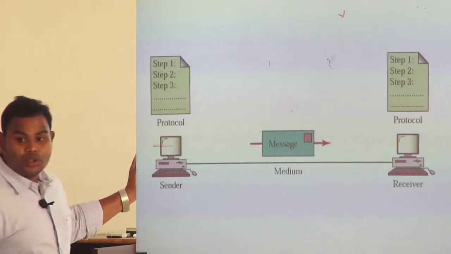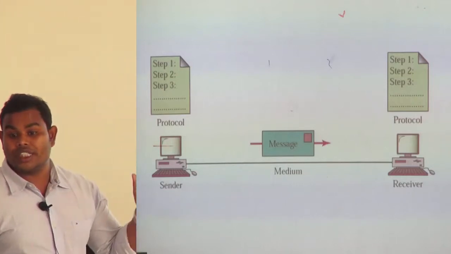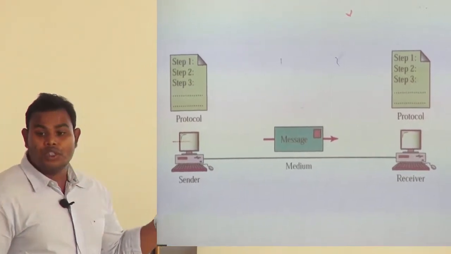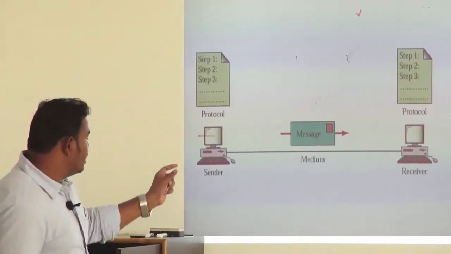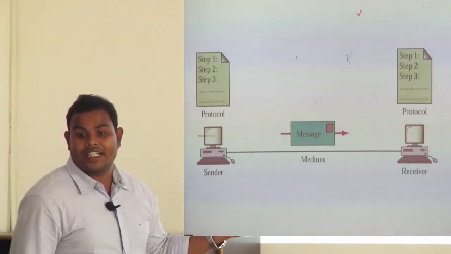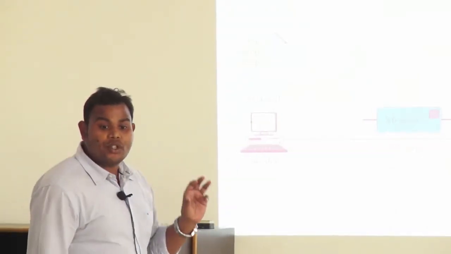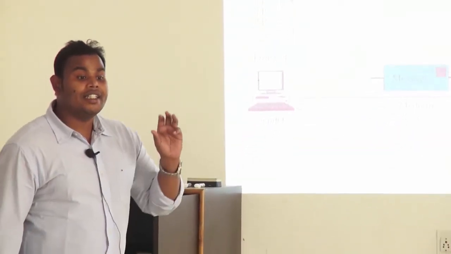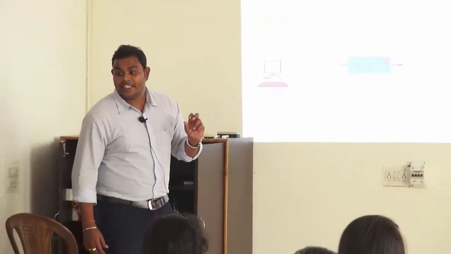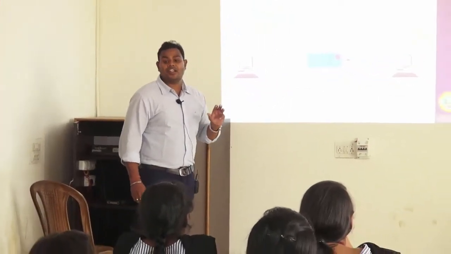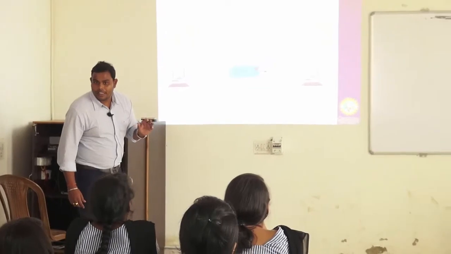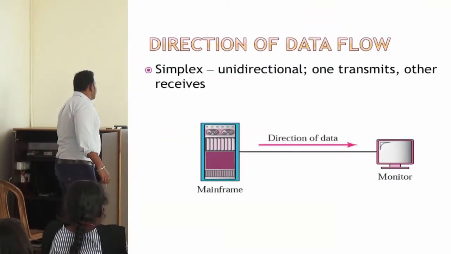So here we have two things: a sender who is going to send the data and a receiver who is going to receive the data, and the sender and receiver are connected through a media. Then the sender and receiver have two different protocols. What is a protocol? A protocol is a set of rules that governs the communication. Clear?